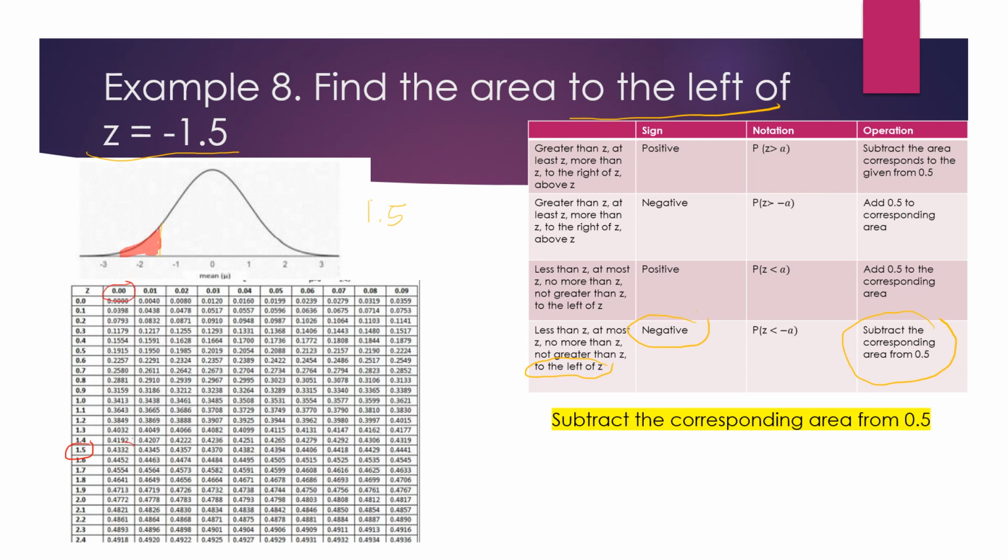So its intersection is 0.4332. We will subtract the corresponding area from 0.5. So, 0.5000 minus 0.4332, and the result is 0.0668.